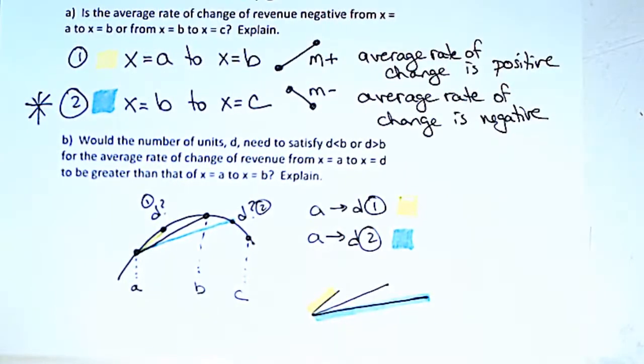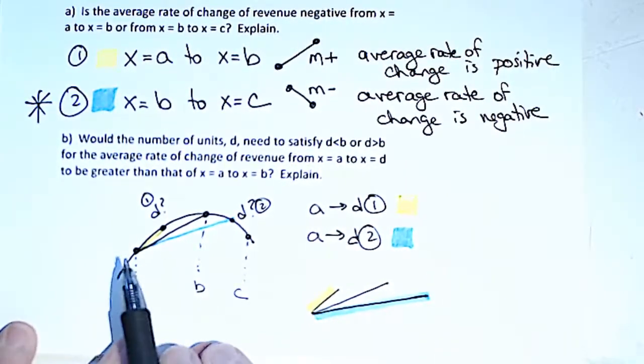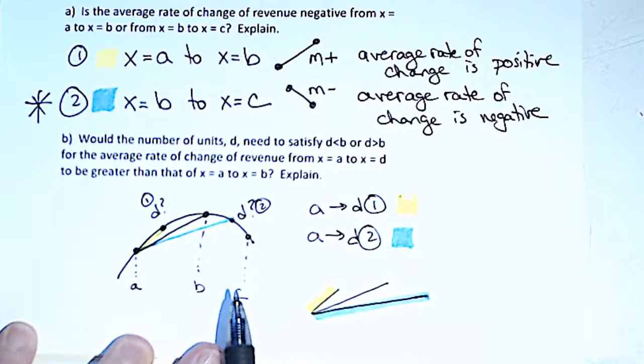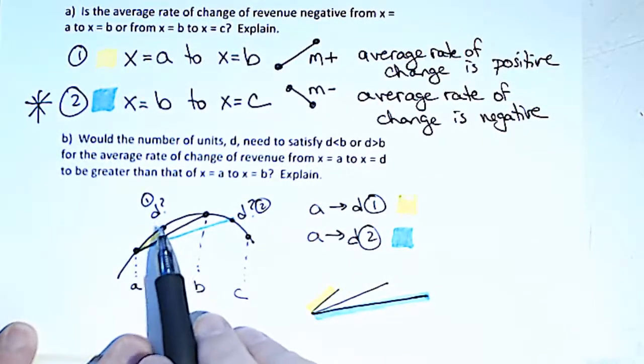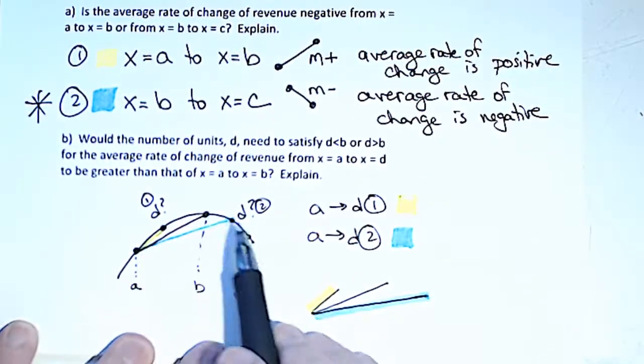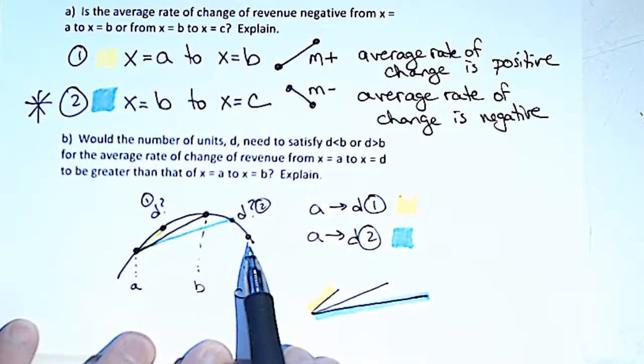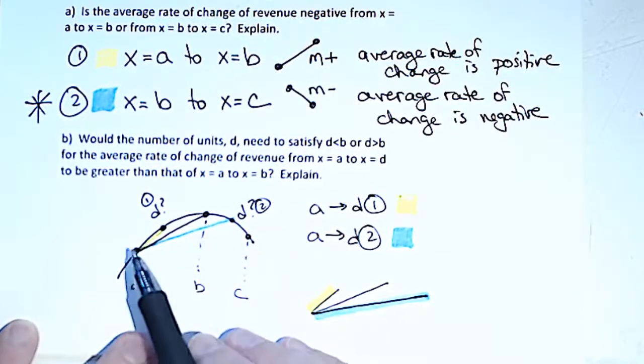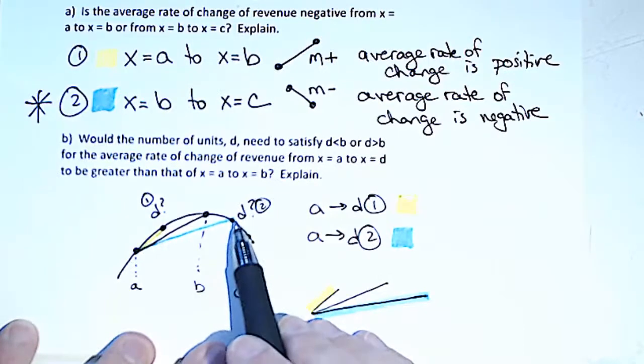Okay, so let's review what I just did. I've got the situation where I've got A, B, and C. I'm being asked to put D either between A and B or between B and C so that I make a new line segment.